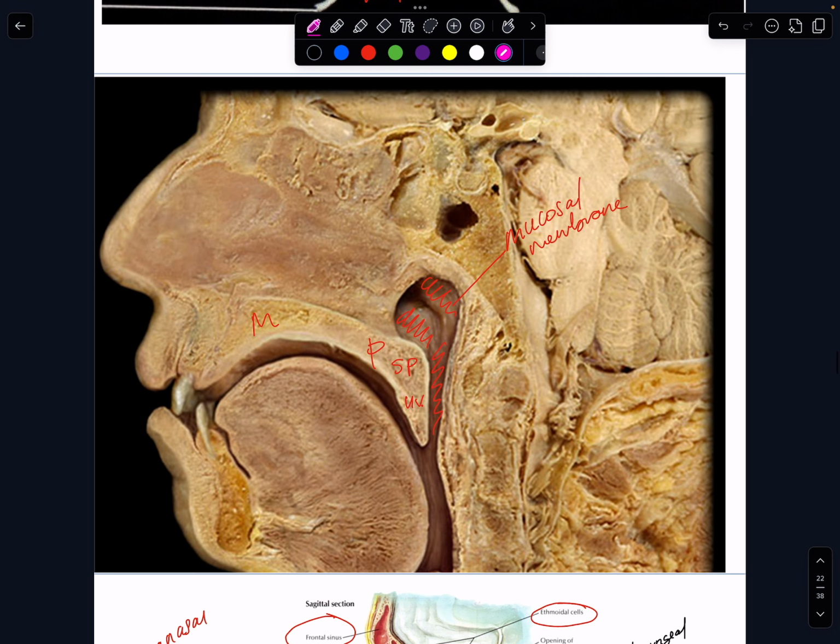Here we go. So when we are opening up our guy, he will look just like this, except a little less clean because this has already been touched up. But this is the perpendicular plate of the ethmoid. This is going to be your maxilla, and you can tell this is bone here, just like this is bone.